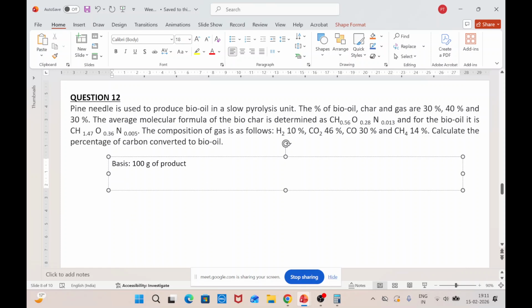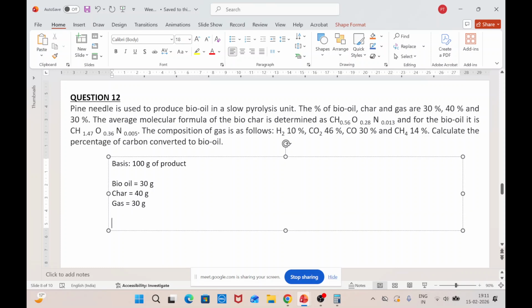Once you have the basis, it will be a little bit easier. It's given that bio-oil, char and gas are 30, 40 and 30%. So assuming 100 grams of product, bio-oil will be 30% of 100, which is 30 grams, char is 40 grams and gas is 30 grams.